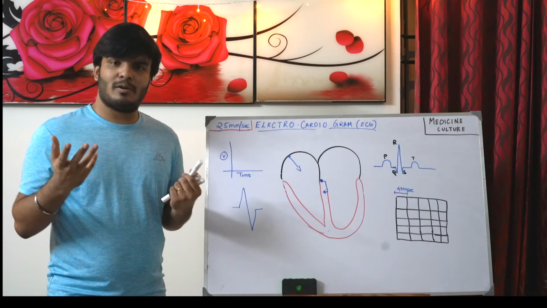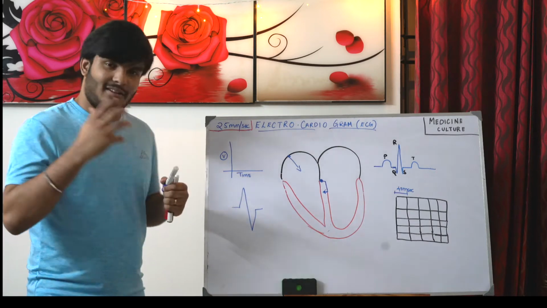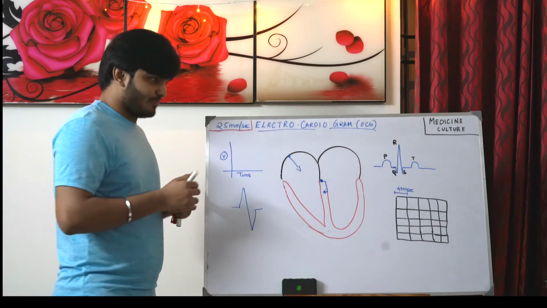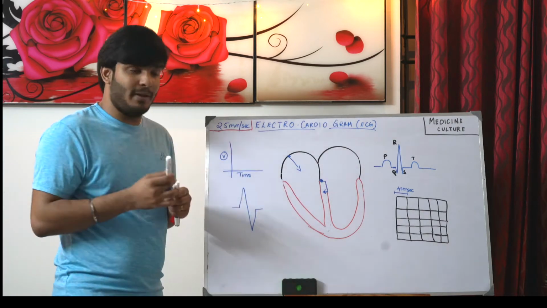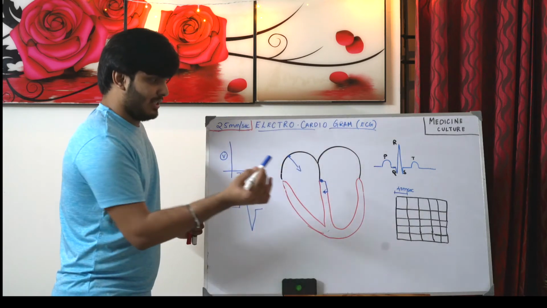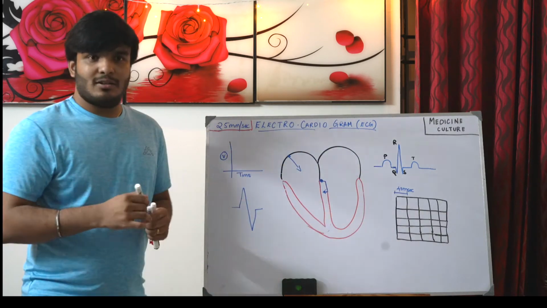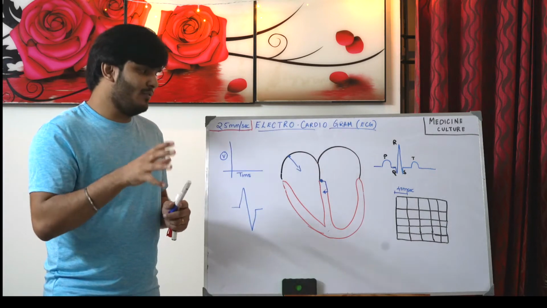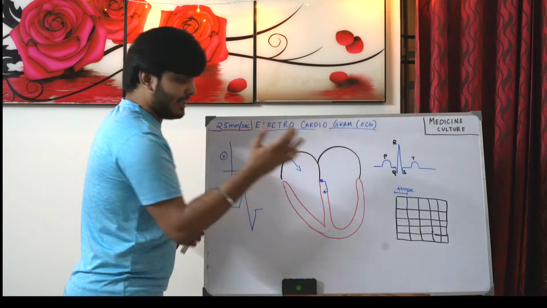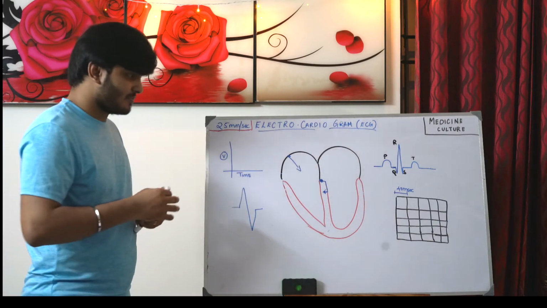What happens when atria depolarize? Atria contract. So when atria contract, atria need to go back to their own position. Atria repolarize also. So atrial repolarization happens when this current goes from the left side of the bundle to the right side of the bundle.